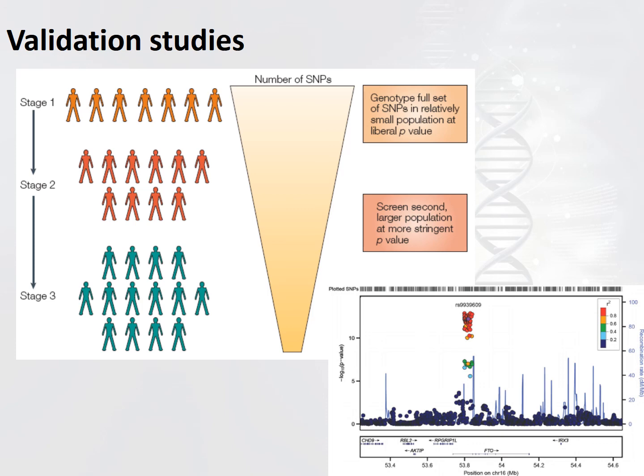Basically, what happens next is a joint analysis, which combines the data from the multiple stages to increase the statistical power of the study. For that, you need to use the methods of meta-analysis. Once a SNP is validated in this way, it is generally regarded as a conclusive locus of association with a particular disease.